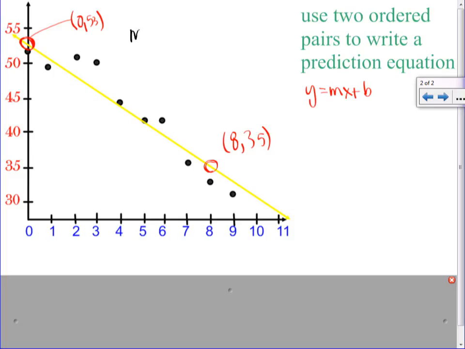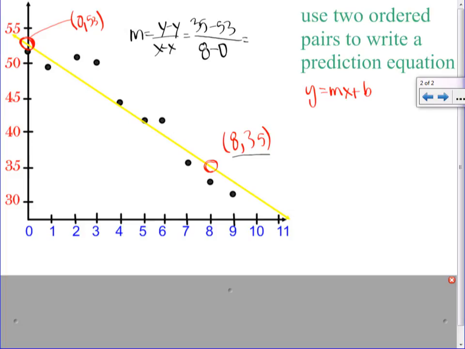Okay, so what are the y values? And good, we went in the same direction. We subtracted from this point minus the other one.